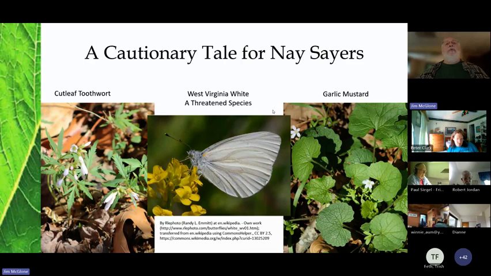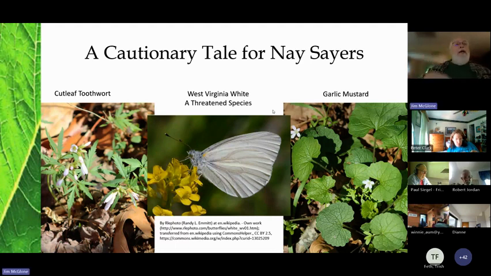In the middle is the West Virginia white. This is a butterfly or a skipper that is a federally listed threatened species. The larvae of this insect feed on mustard plants, but the adults, the females, cannot tell the difference between a native and a non-native.